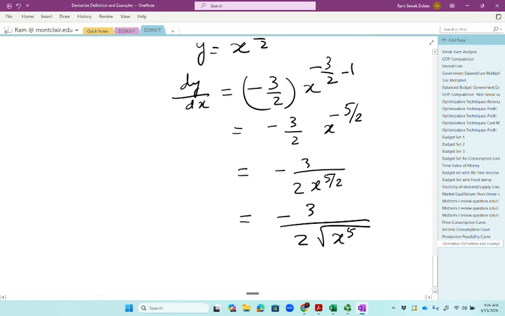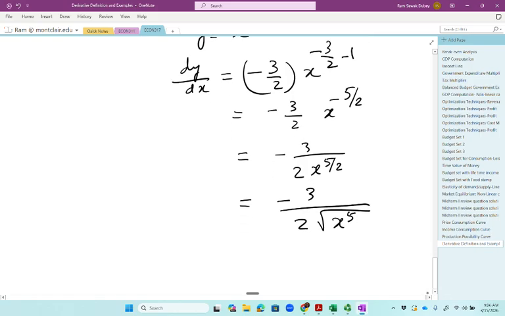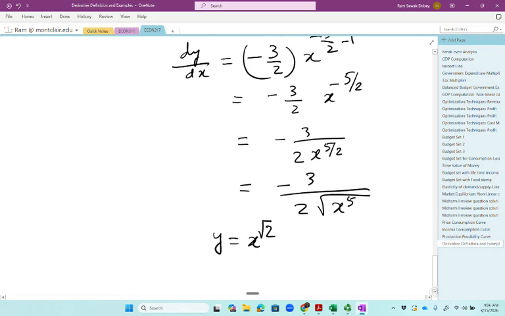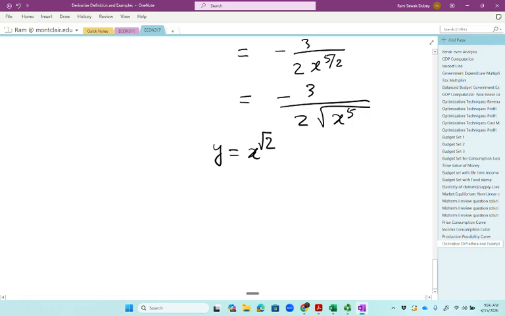The formula works not only for whole numbers and rational numbers, it works even for irrational numbers. So let me write y equal to x to the power square root 2. We have seen before, square root 2 is an irrational number, but the derivative dy over dx is the same formula.